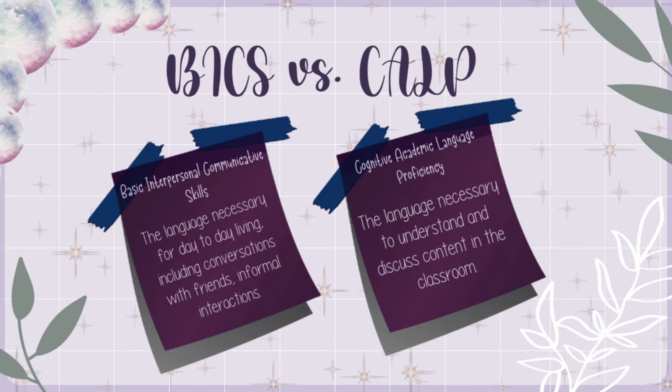CALP stands for Cognitive Academic Language Proficiency. It focuses on proficiency in academic language, or language used in the classroom in the various content areas. Academic language is characterized by being context-reduced, meaning it uses fewer nonverbal cues and the language is more abstract.